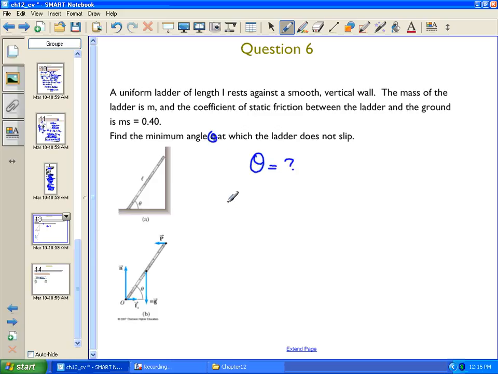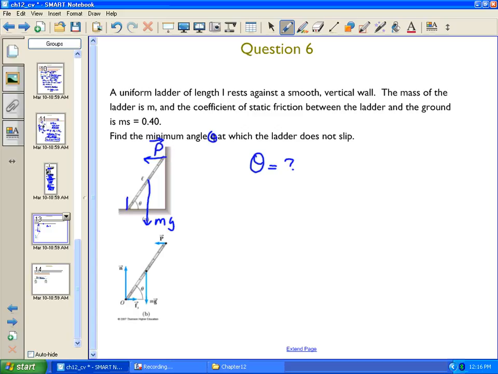Okay, what are the forces that are acting on our ladder? Well, we've got the weight of the ladder at its center of gravity, mg. We've got the wall exerting a horizontal force, which our book labels as P, we could call it F, whichever, it doesn't matter, because of the contact that is made. In a sense, it's like a normal force, isn't it? Because it's the force that the wall exerts on the ladder.